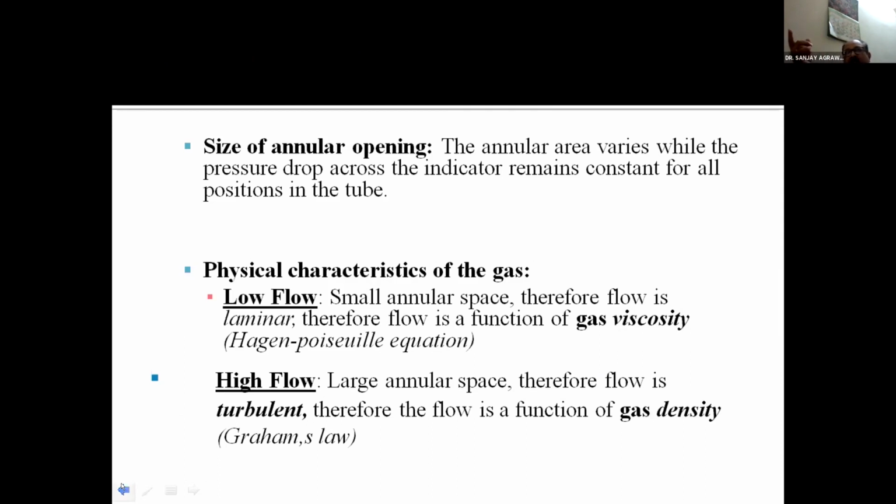But vis-a-vis, when we come to flow meters, the annular opening is variable, but the pressure drop remains constant. So the pressure is the same. It depends on variable orifice and constant pressure. So there are two different principles for gas flow between the Bourdon gauge and the flow meters.